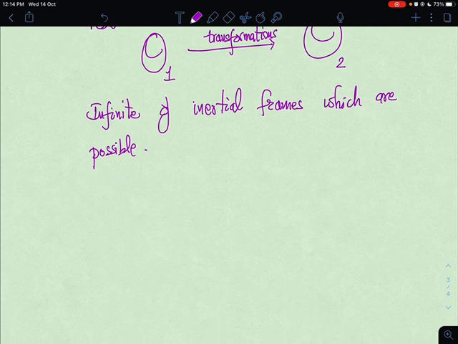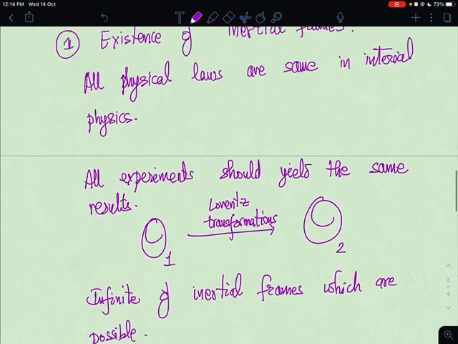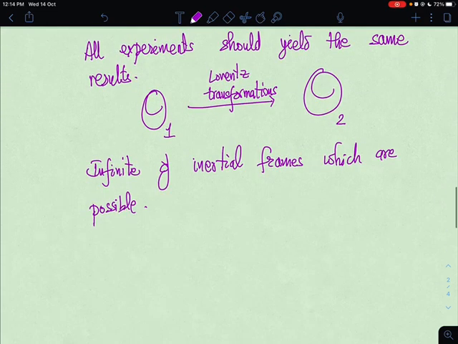There is another very important second postulate, which sets the constant in every frame of reference. So in every frame of reference, there is one particular constant which remains constant under all frames of reference, which is the speed of light in vacuum.